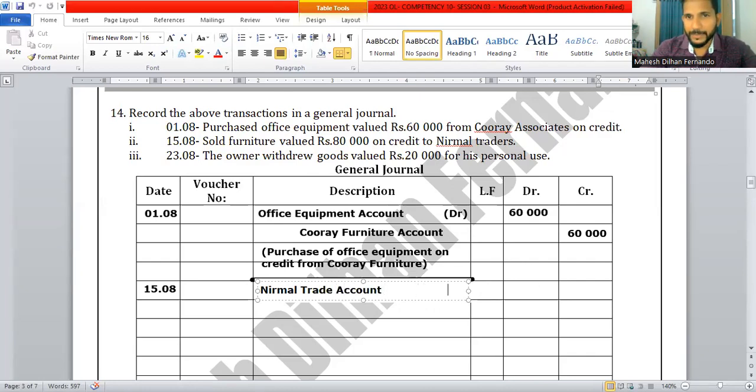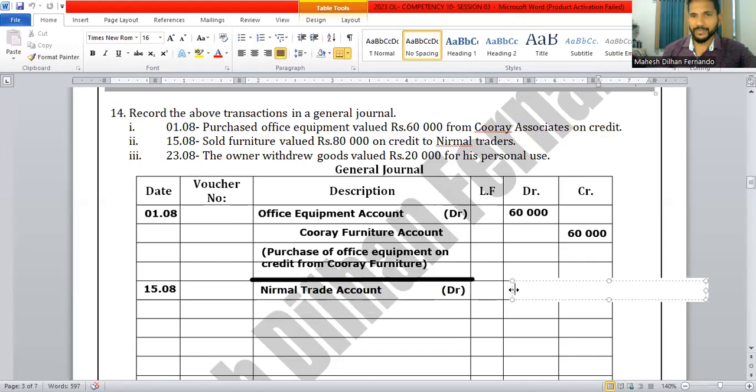account, debit entry, written on the side. Debit. And what is the value to be debited? 80,000. Nirmal Traders account debit, and credit the relevant asset account.